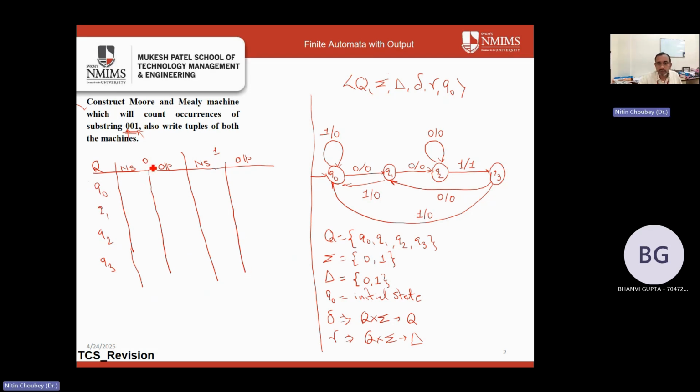Q0 on the input of 0, we are going to Q1 with output generated as 0. Q0 on the input of 1, we remain on Q0, and the output generated is 0. Q1 on the input of 0 transitions to Q2, and on the input of 1 transitions to Q0, with output generated 0 and 0.